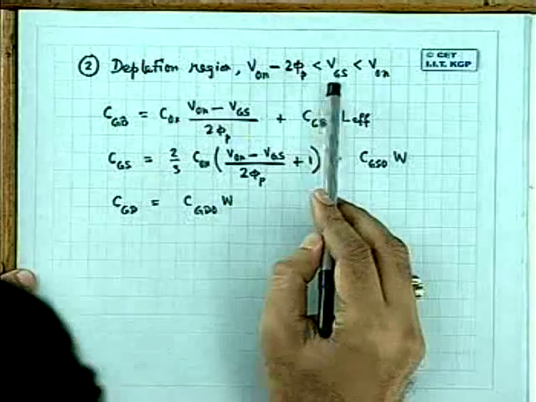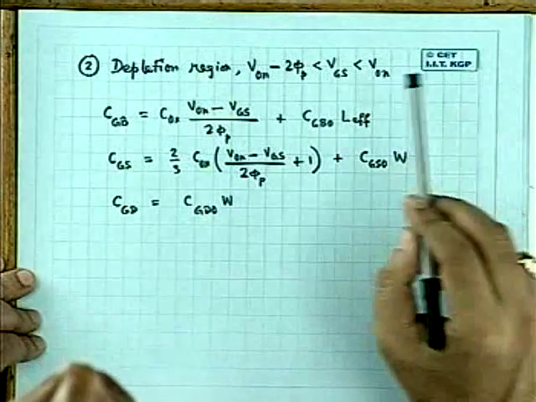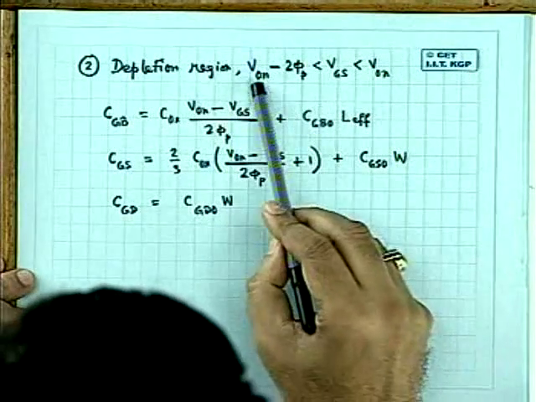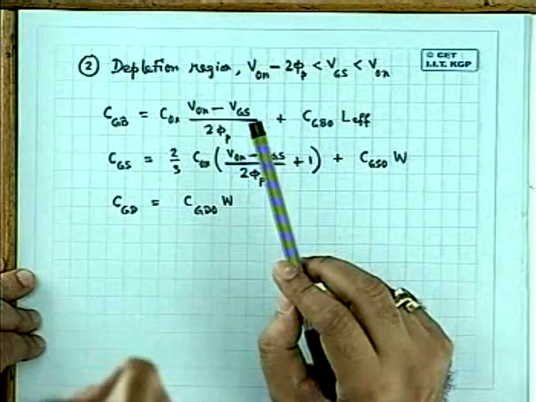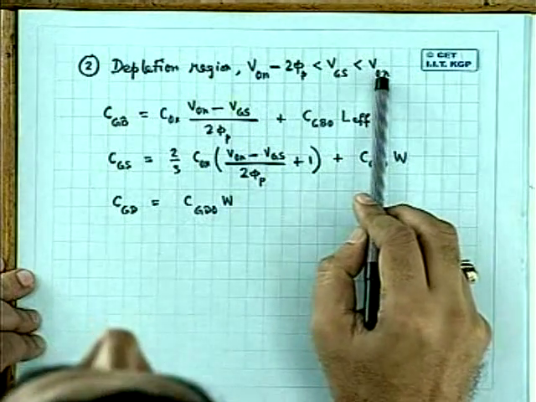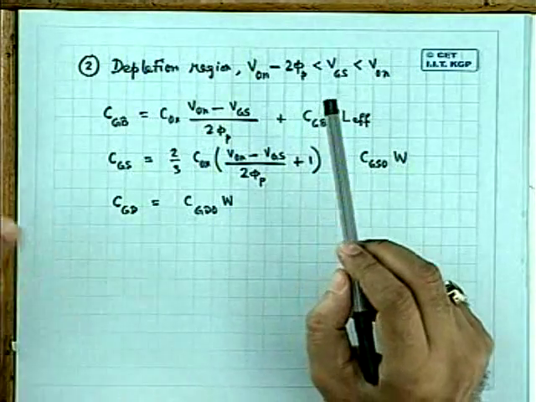Because as soon as you apply a VGS which is more than VON minus twice phi p, but at the same time less than VON, that means the channel is depleted. So what is going to happen? Surface potential near the source is increased, and as a result the barrier at the surface source is reduced, and that causes electron injection.